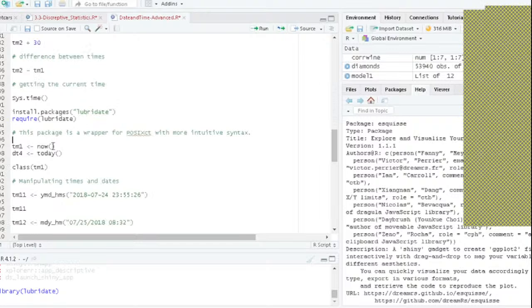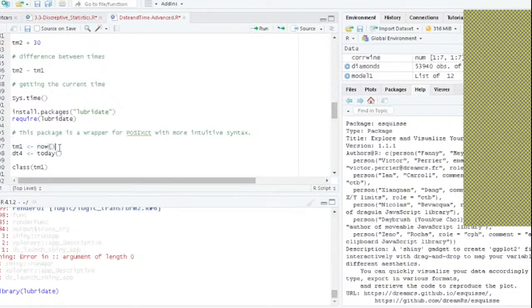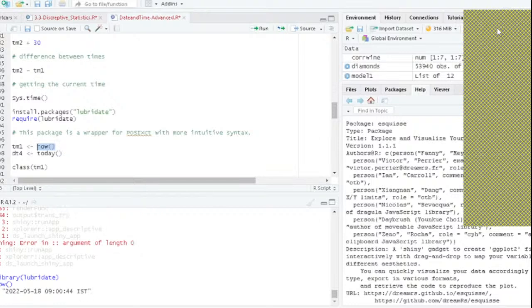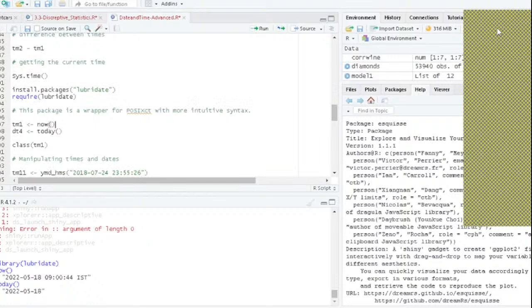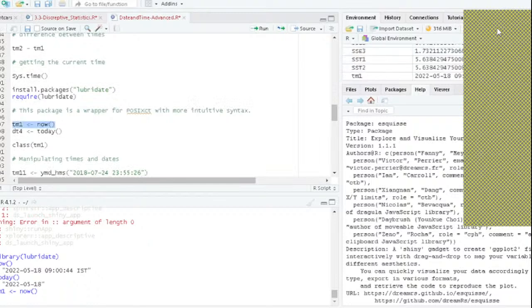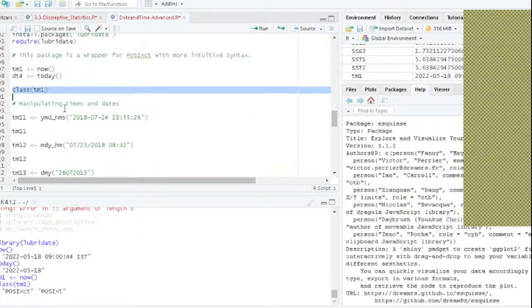Now, if I want the time right now, I mention now, and I'll get the current time with the time zone. Today will give me the date. Now, if I take this, assign this time to a variable, and check the class. This is all manipulating time and dates.